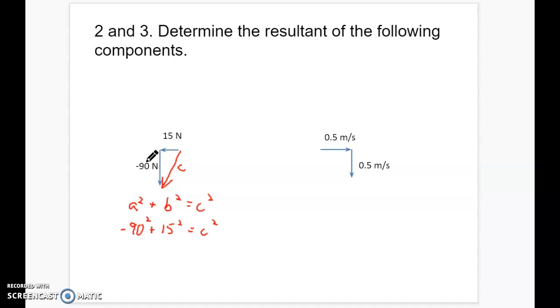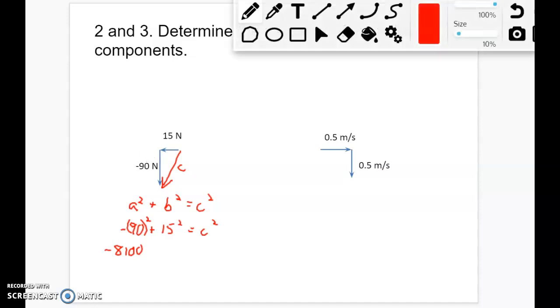Because when you put negative 90 squared on your calculator, if you come up with negative 8,100, you got to be careful how you entered that. Because if you square a negative number, you really should end up with a positive. Sometimes your calculator will take the negative of 90 squared when you enter it. That's not what you want.